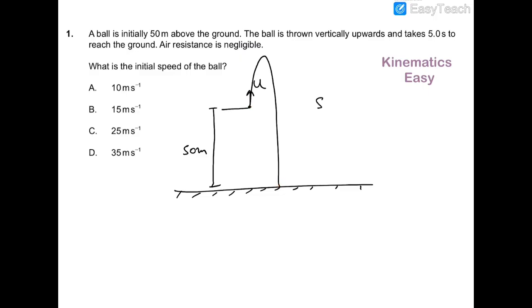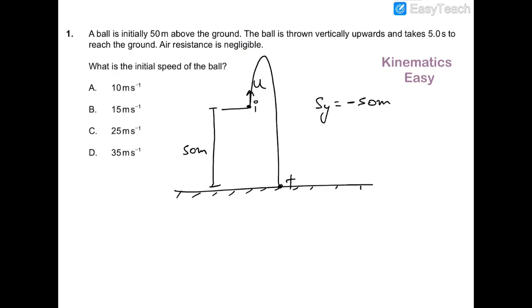So the displacement of the ball is minus 50. This minus is due to the fact that the final point lies below the initial point. Therefore, the displacement of the ball will be minus 50.